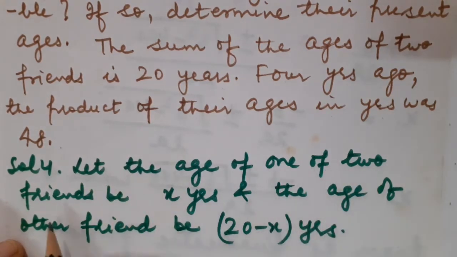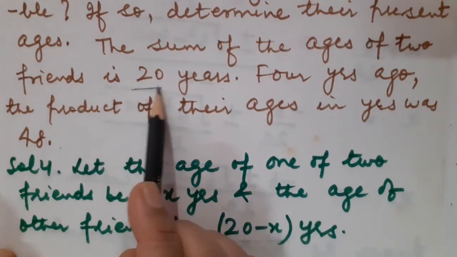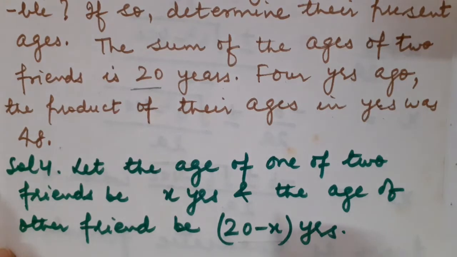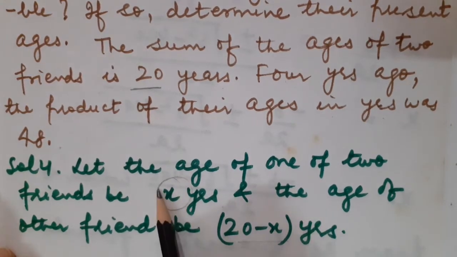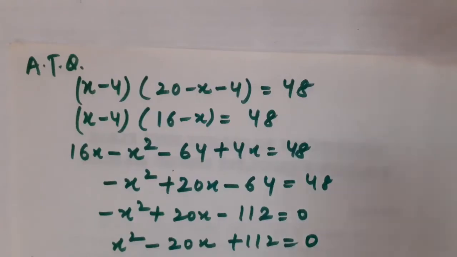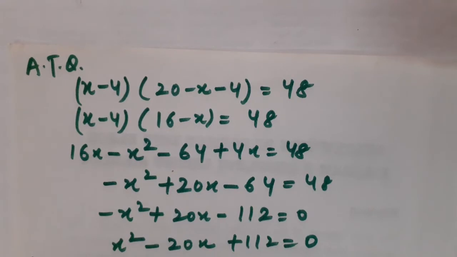Let the age of one of the two friends be x years and the age of the other friend will be, of course, 20 minus x years. Why? Because the sum of the ages of both friends is given as 20 years. If the age of one friend is x years, definitely the age of the other will be 20 minus x. Now children, according to the question, we have been given 4 years ago.